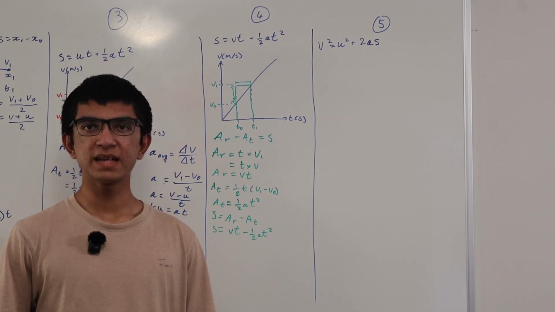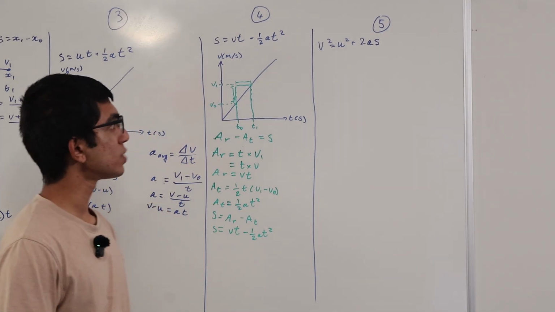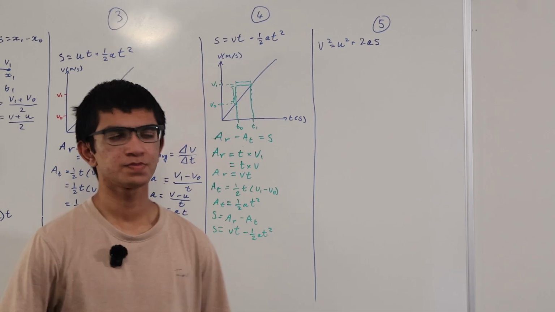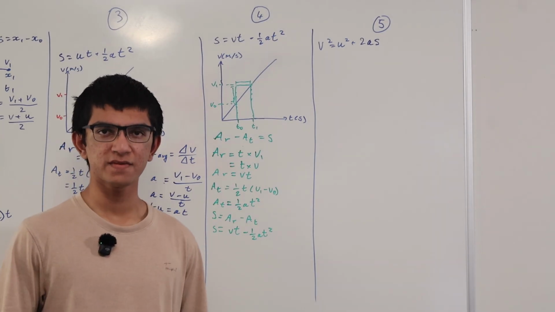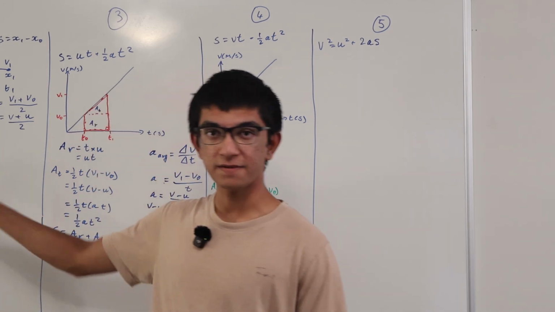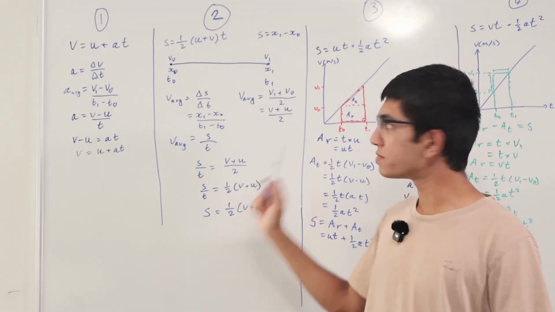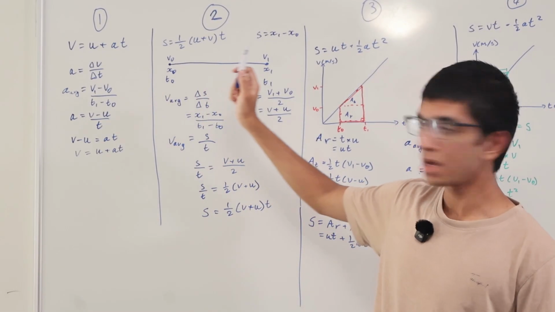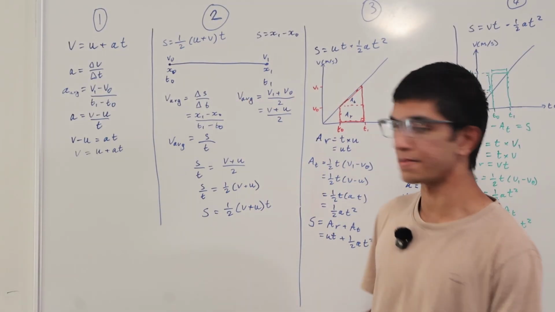The fifth and final SUVAT equation is v squared is equal to u squared plus 2as. Now this, I feel, is the least intuitive of all five because we get it from using the first two SUVAT equations. So these equations, v is equal to u plus at and s is equal to a half u plus v times t.